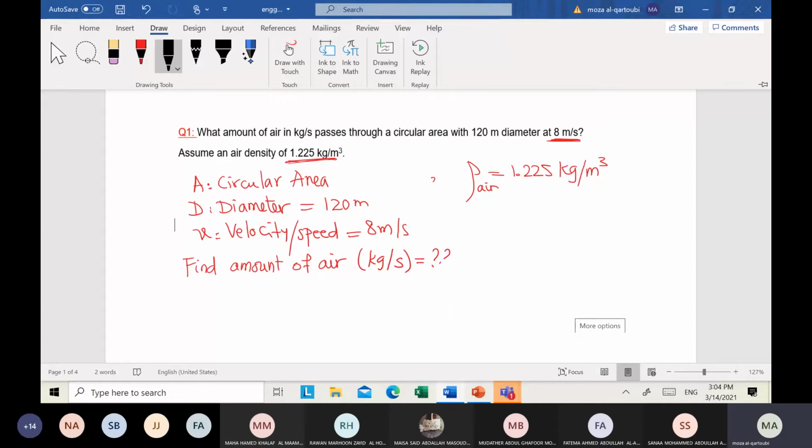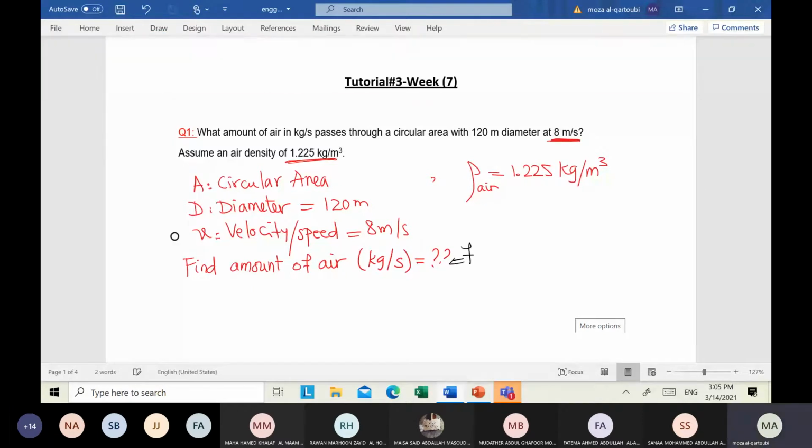The amount of air, given also the unit. The symbol of the amount of air. Find Q. Okay, how to find Q from the given data? How to find now Q, the amount of air?